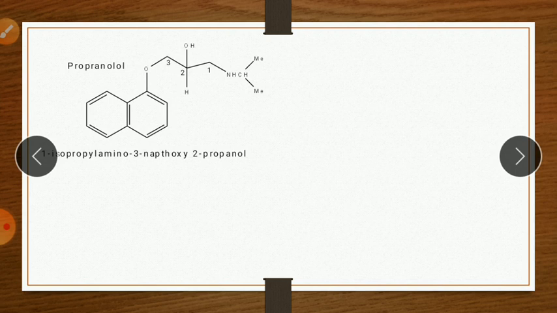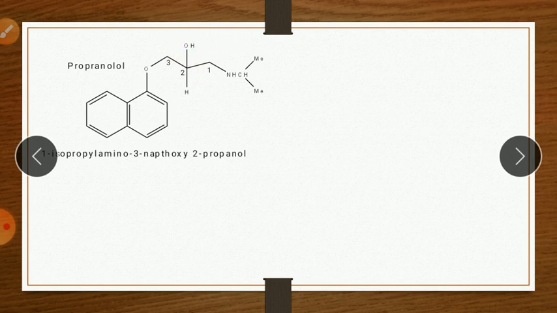Now individual drug, the first one is propranolol. First the IUPAC name: 1-isopropylamino-3-naphthoxy-2-propanol. Here the numbering is 1, 2, 3, that is propane with hydroxyl group, propanolamine.